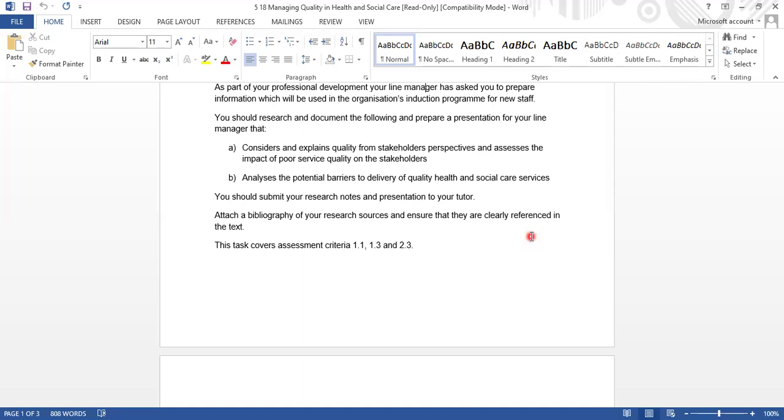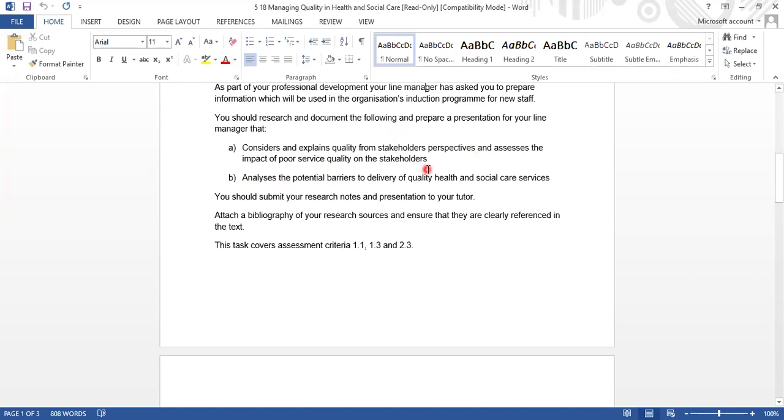So if there's a poor quality service on the stakeholders, you can give examples also. We talked about within Shaw Hospital, we read about what happened and what were the recommendations, what went wrong. So you could give examples also here. But actually you have to assess the impact. So what could be the impact of poor quality service on the stakeholders?